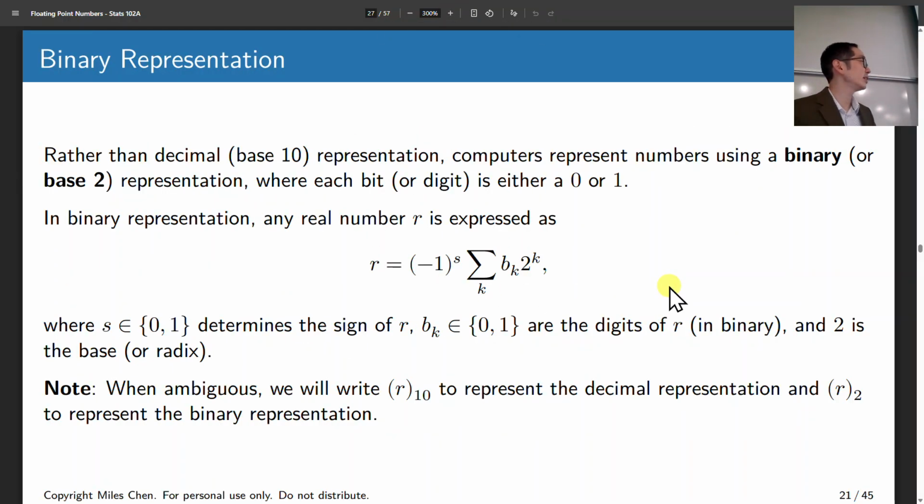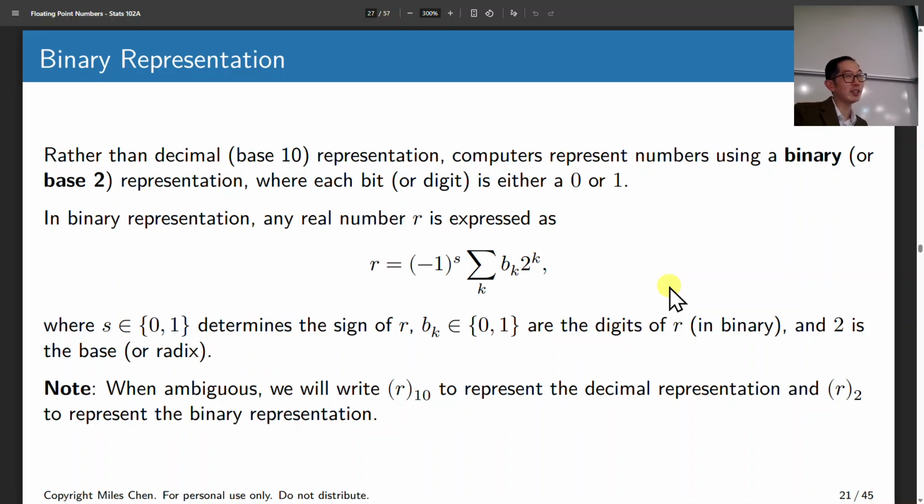In decimal, when you have the number 5,413, that's 5 1,000s, 4 100s, 1 10, and 3 1s. In binary, instead of adding powers of 10, you're adding powers of 2. So if you have the number 1101, you have 1 in the 8's place, 1 in the 4's place, 0 in the 2's place, and 1 in the 1's place.